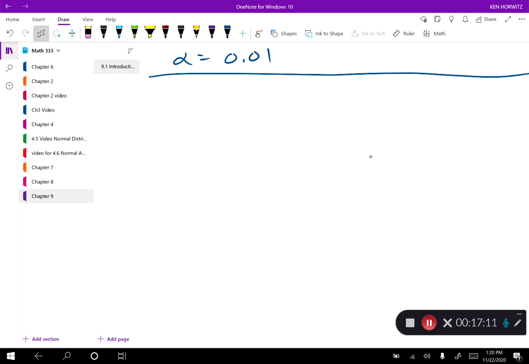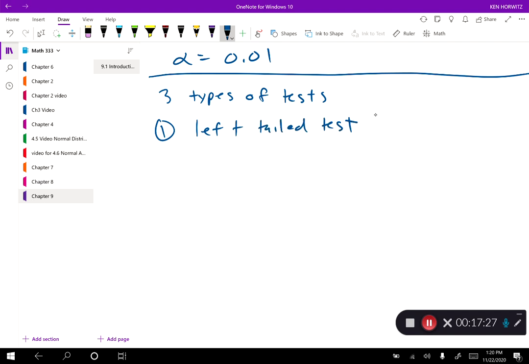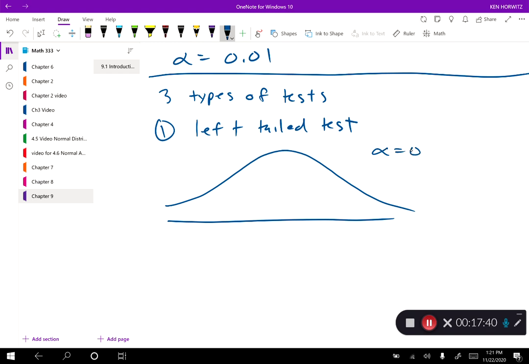The first is a left-tailed test. In our left-tailed test, let's say our alpha equaled 0.01. 0.01 would be the area here, and this would be the rejection region.